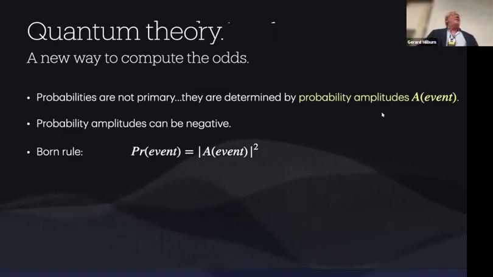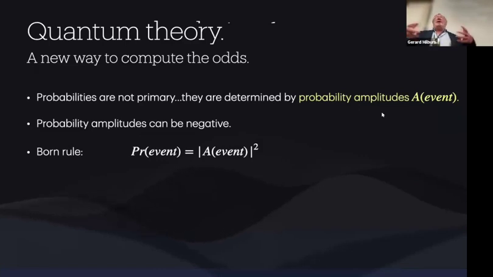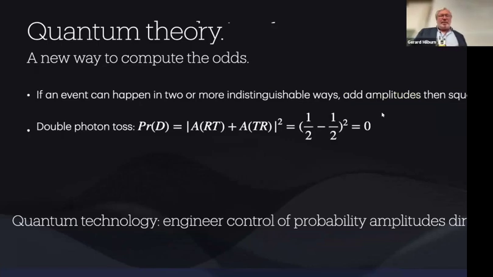If it was an electron in a semiconductor, we'd use the description of condensed matter physics to calculate the probability amplitudes. If it's some exotic field theory, we would calculate the probability amplitudes differently. So if I give you the probability amplitudes, you crank the handle and compute the probabilities, but getting the probability amplitudes in the first place is actually quite difficult. And we spend a lot of time training our students to do that in an undergraduate curriculum. Okay, so let's move on.